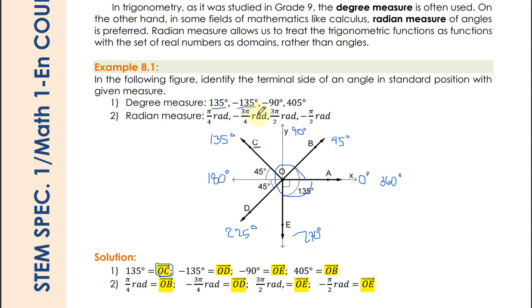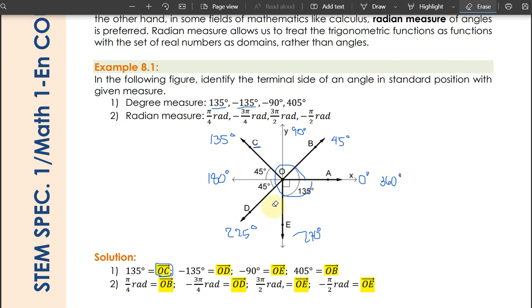So next is negative 135. So since it is negative, then the direction of our angle is clockwise. So this is 90, this is 135, 180, 225, sorry, only up to here. 90, 135.